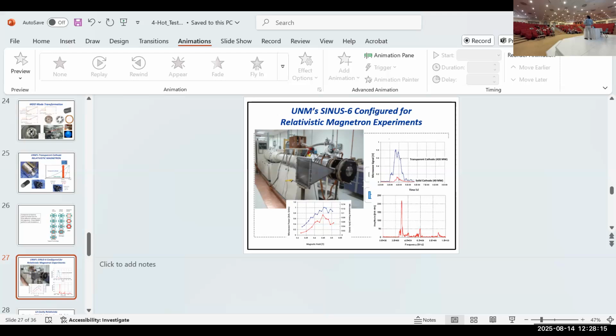The key point for linear devices is efficiency, around 25%. For BWO, more than 50%. Let's say 50%: if you have 10 gigawatt input, you get 5 gigawatts of RF. But a 10 gigawatt Marx generator is really huge, so it's not practical.